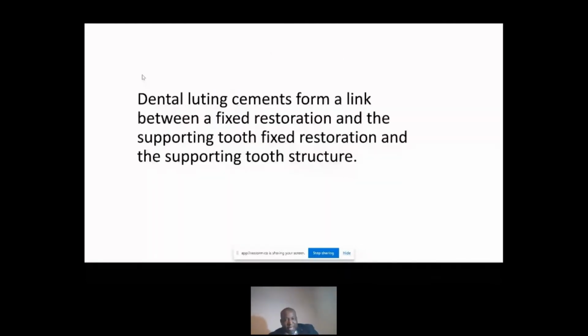Well, a luting cement forms a link between a fixed restoration and the supporting tooth structure. And there's two objectives with a luting cement. It keeps the restoration in place for an indefinite period of time, but it also prevents microleakage between the cement material and the tooth structure.